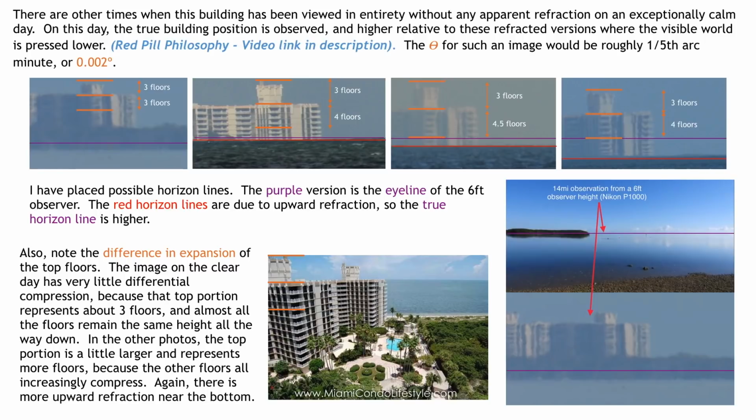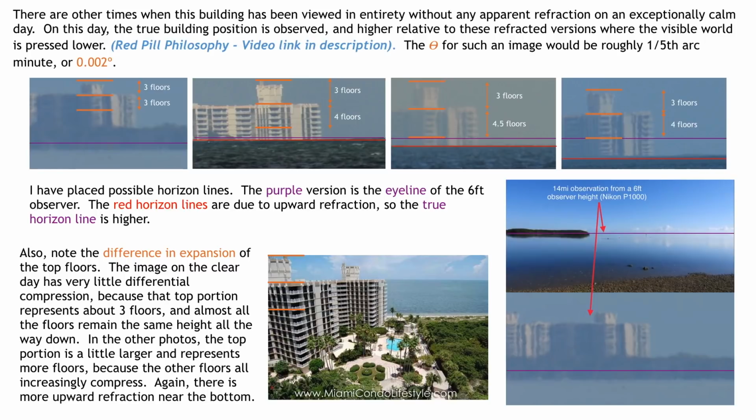So returning up to the 4 pictures on top, those 4 pictures are different days when this same building has been observed from the same observer position and the same observer height.